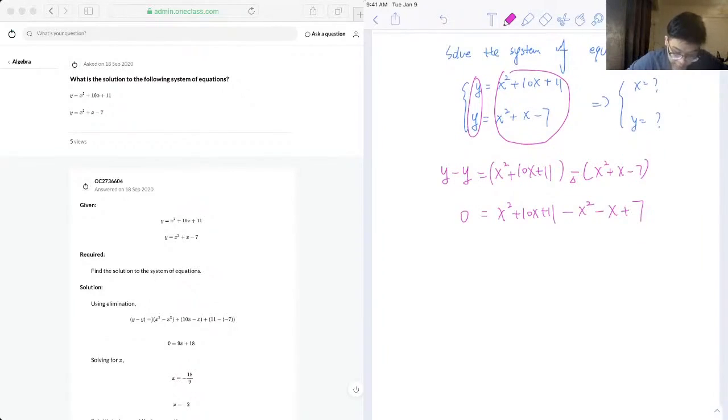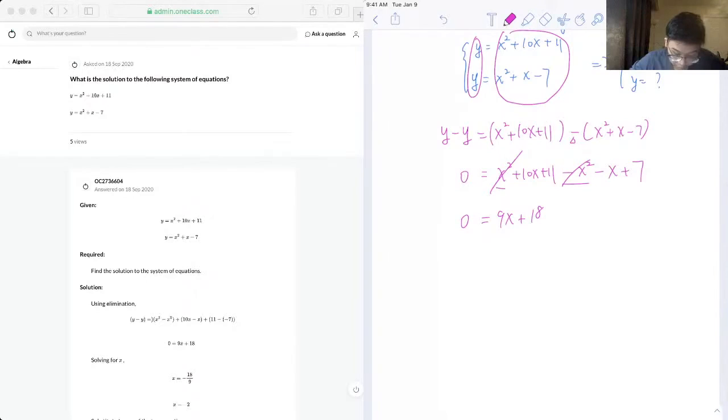So as you can see, we have a positive x squared and a negative x squared, so we can get rid of those. So we only have 0 is equal to 10x minus x, which is 9x, plus 11 plus 7, which is plus 18 total.